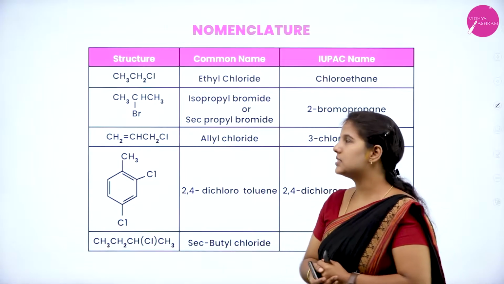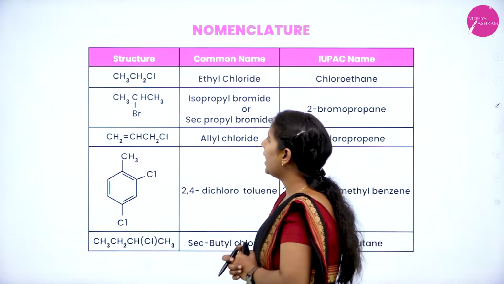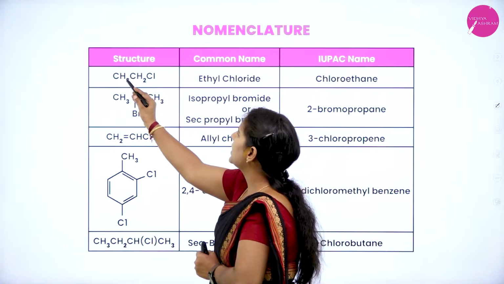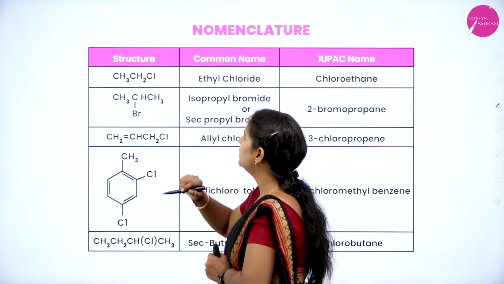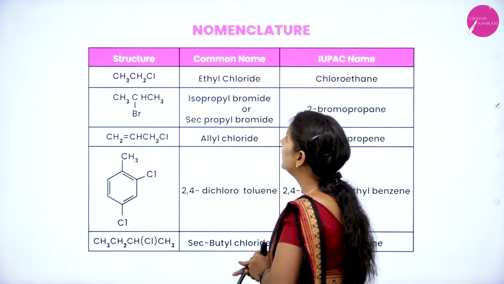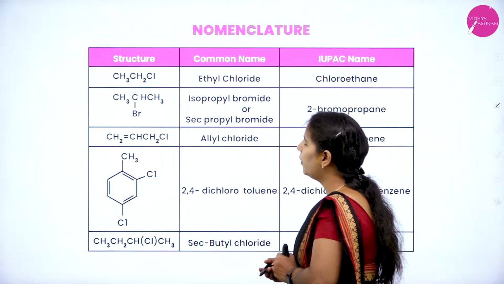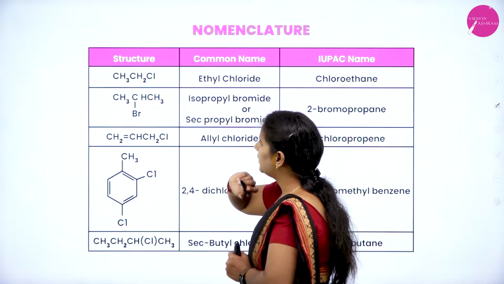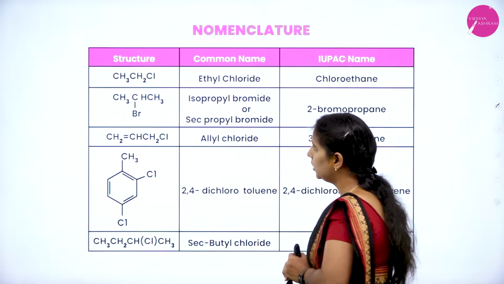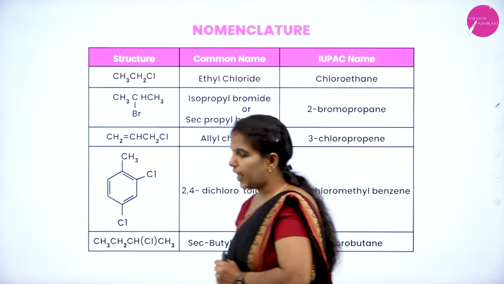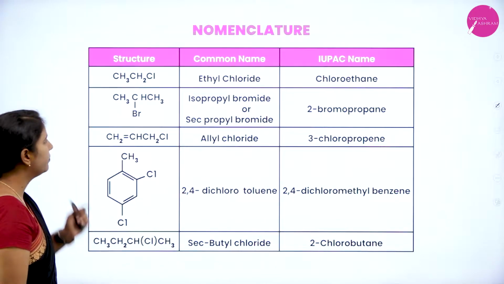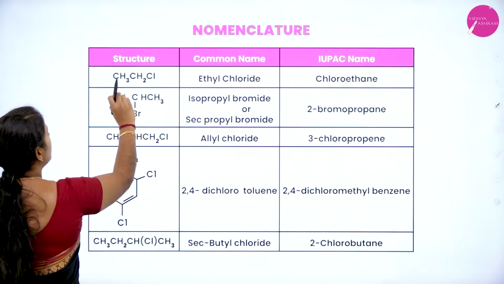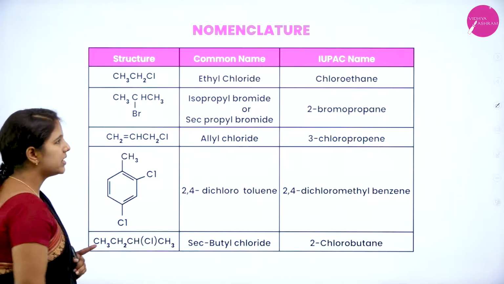First, we will see some examples along with the common name and the IUPAC name. Here I have a first example, CH3CH2Cl. The common name of this compound is ethyl chloride, since there are two carbon atoms. Coming to the IUPAC nomenclature, it is chloroethane. Why ethane?